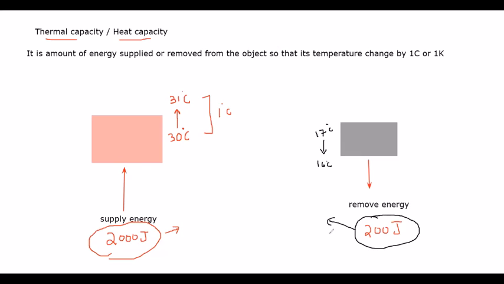What do you call the energy which you remove? You call this energy heat capacity or thermal capacity. So heat capacity or thermal capacity is the amount of energy supplied to an object so that its temperature will increase by 1 degree, or the amount of energy removed from the object so that its temperature decreases by 1 degree. In both cases, the energy which is supplied or removed refers to thermal capacity. Is the concept of thermal capacity clear?